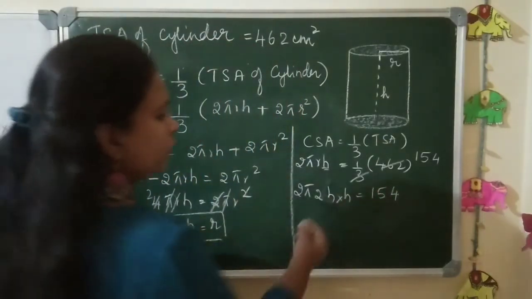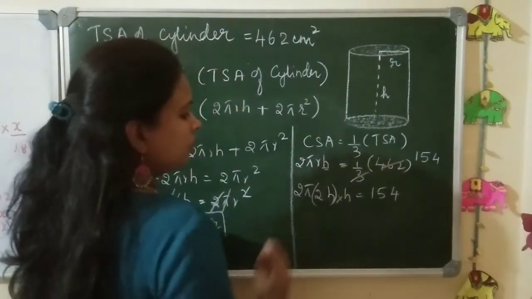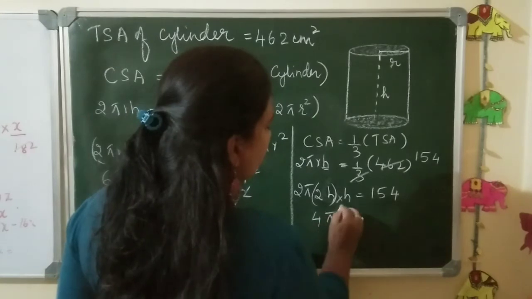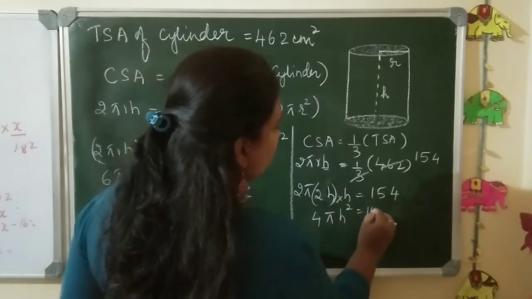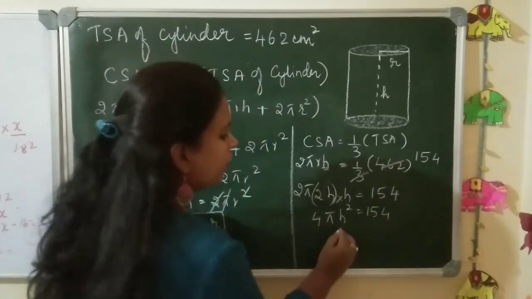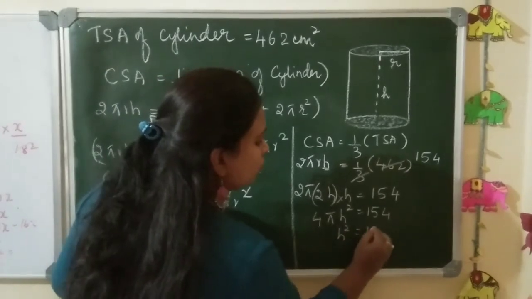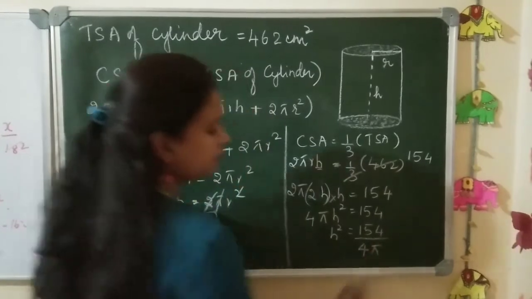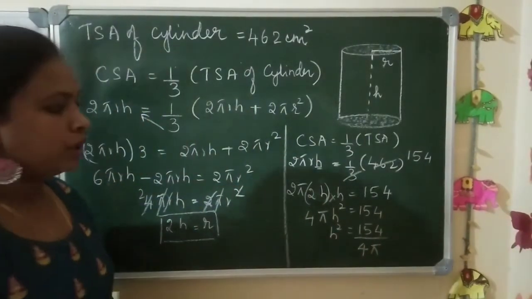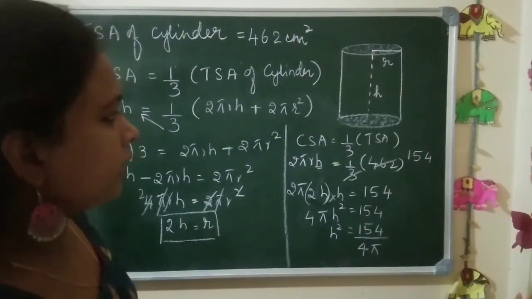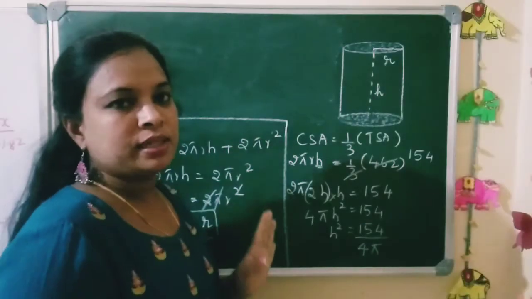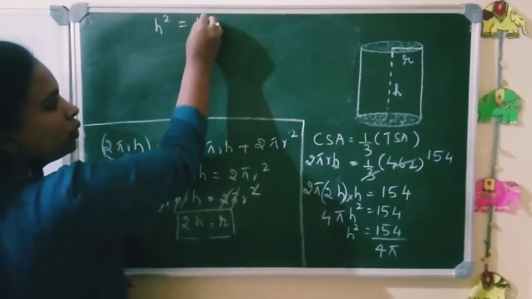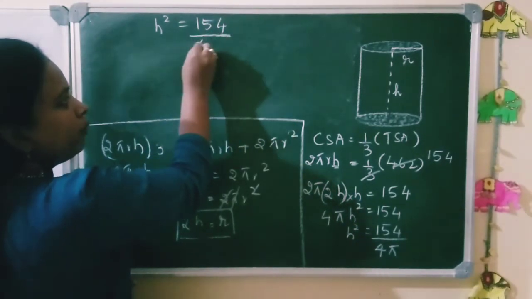So now this will be equal to 2 into 2, 4 pi h square is equal to 154, where h square is equal to 154 divided by 4 pi. So now I'll just continue here so that it will be clear for you. So now h square is equal to 154 by 4 pi.